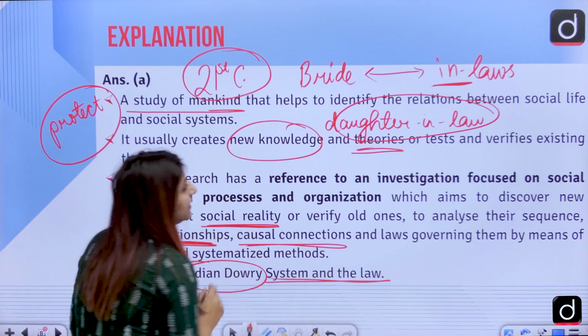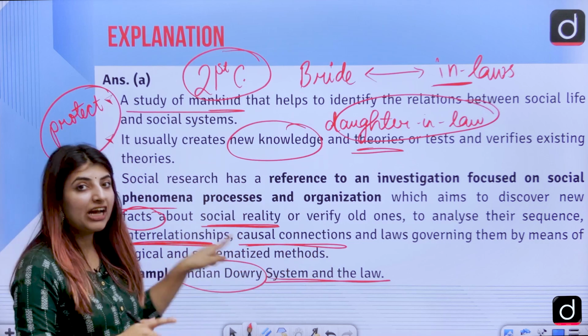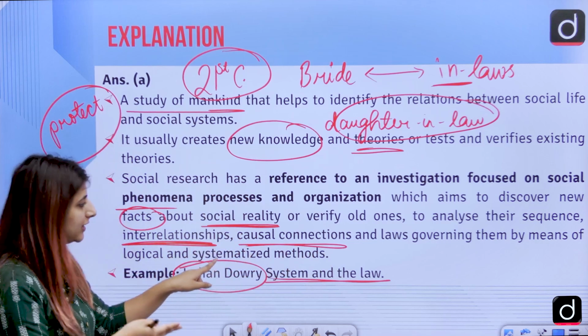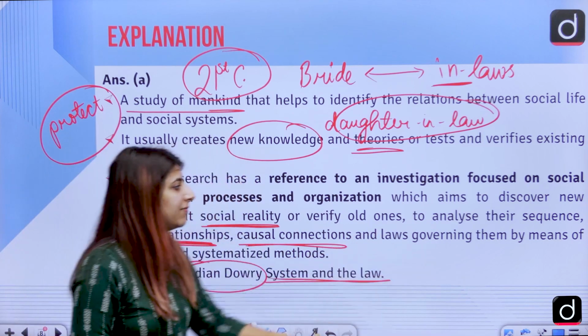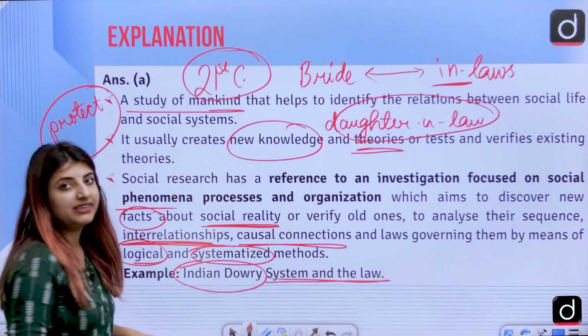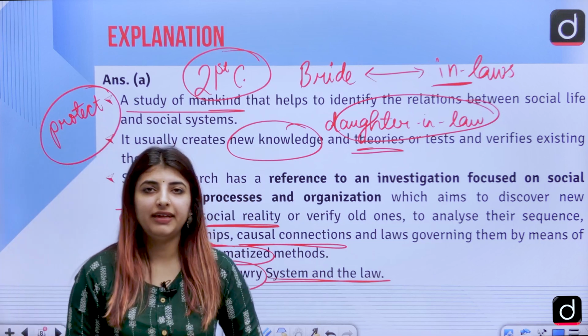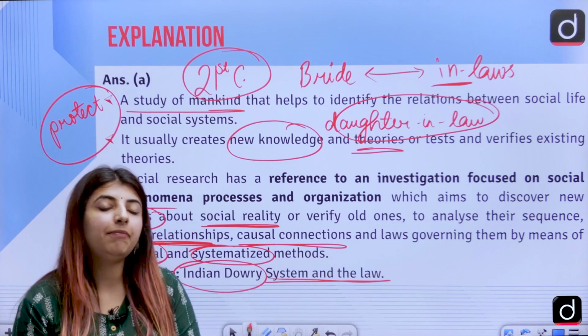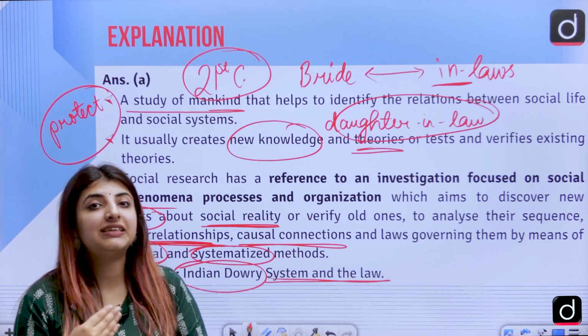Causal connections. What is the cause and effect? This is not casual, this is causal, cause and effect connection, and laws governing them by means of logical and systematized methods. That is how systematically this evil has penetrated deep into the Indian social system.